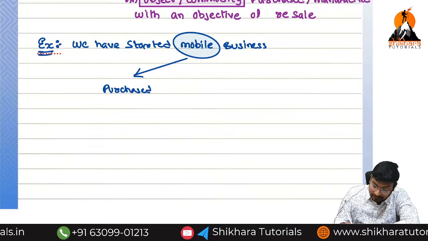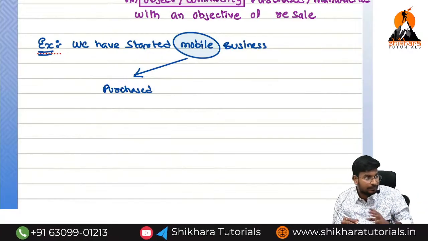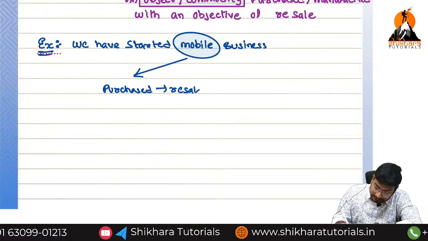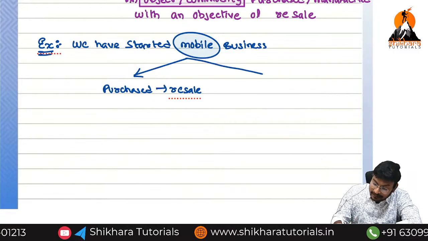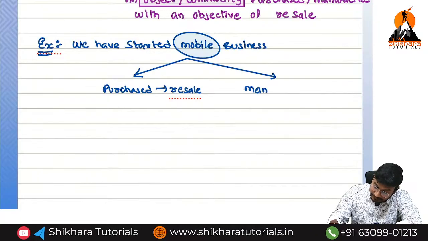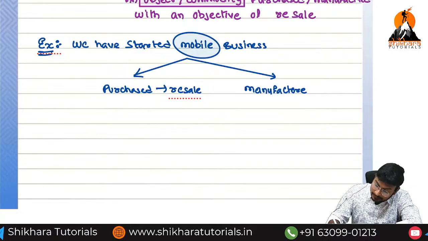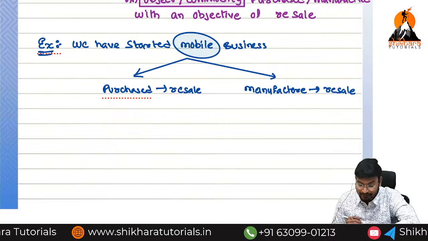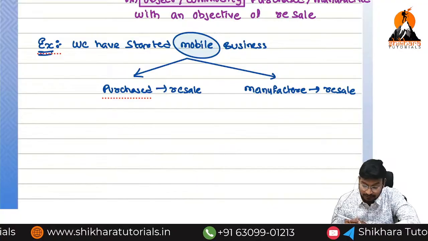Purchased means anything we have bought. Or we can manufacture and resell, or we can purchase and resell. These are the two objectives.